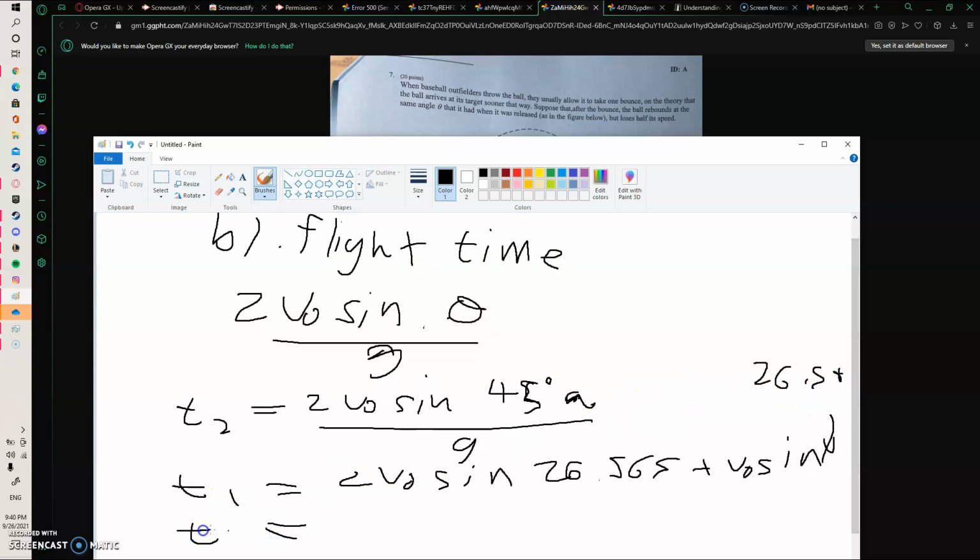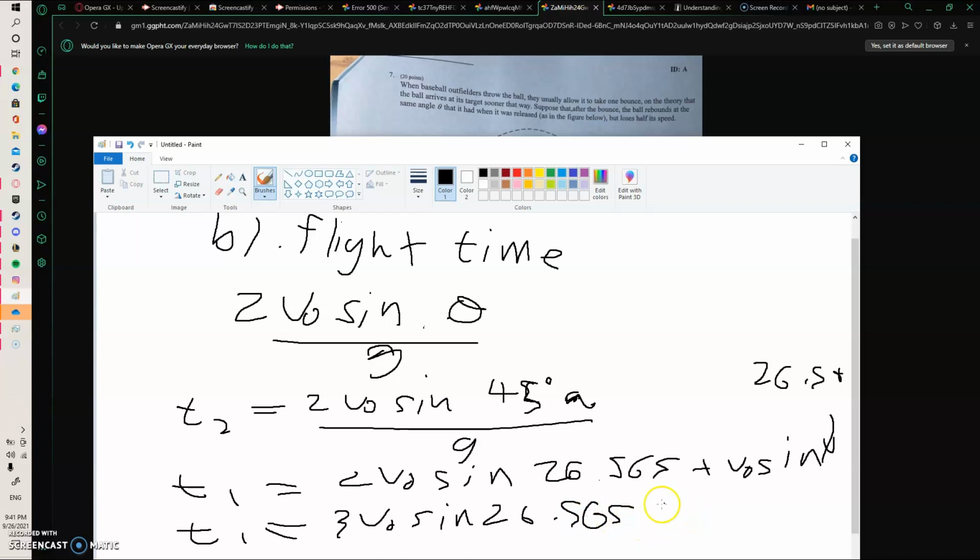And then for T1, we will get 3 v naught sine 26.565.